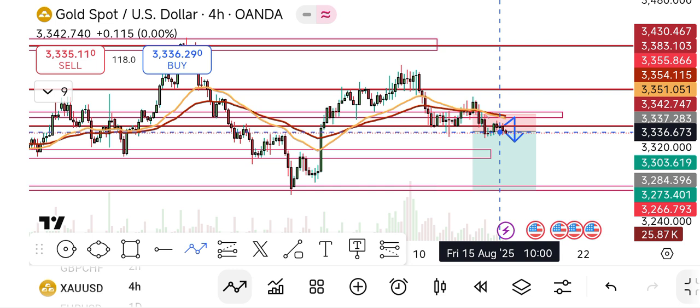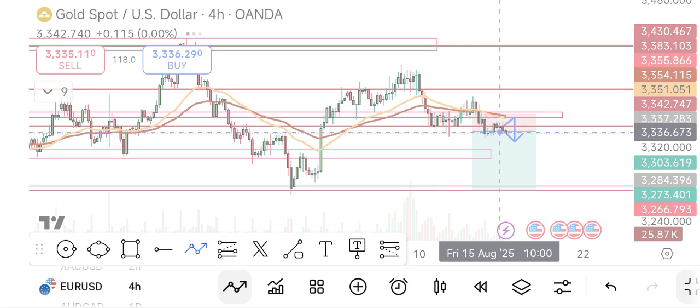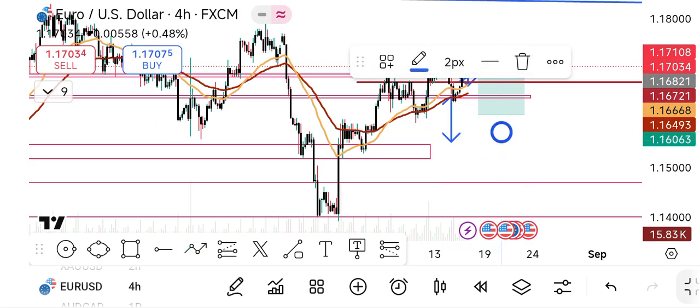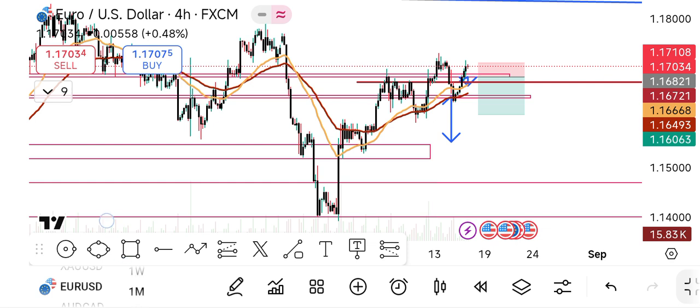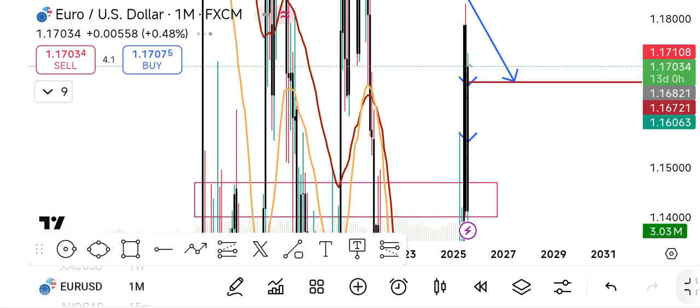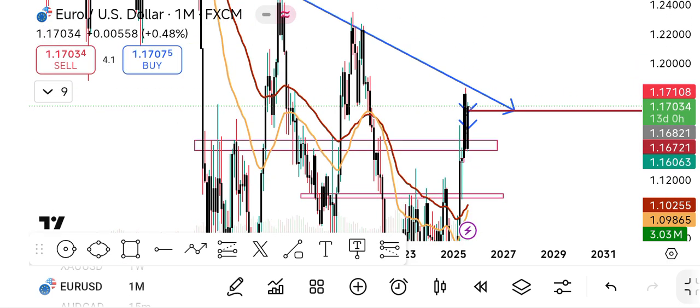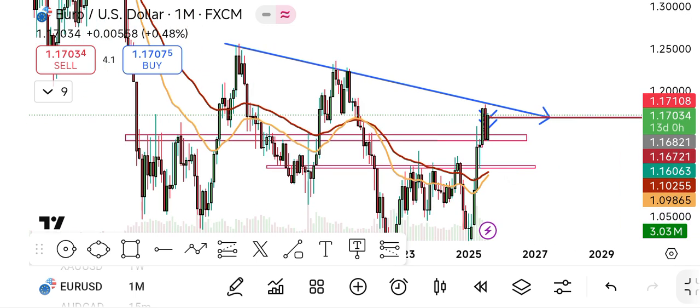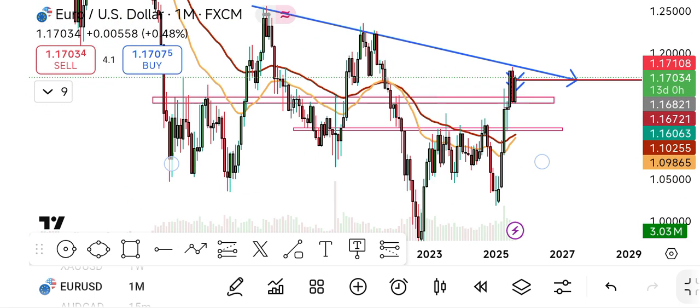So let's move to Euro USD. You can see Euro USD has been forming this kind of market.